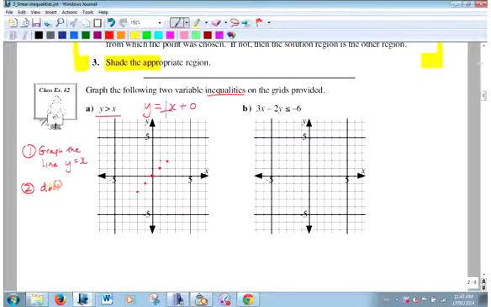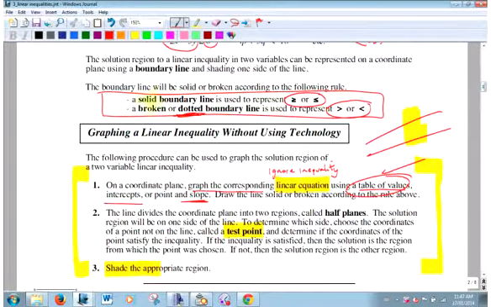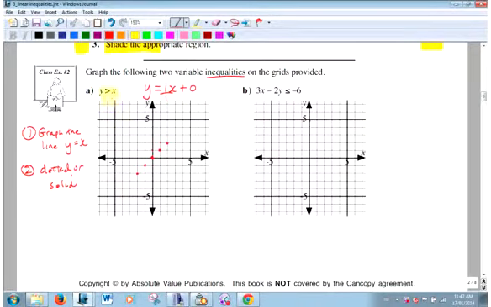Do I dot it, or is it solid? We make it solid if it's equal to. We dot it if it's not equal, if it's less than or greater than. Is this thing equal to, or just greater than? It's just greater than. Why don't we want to make this thing solid?